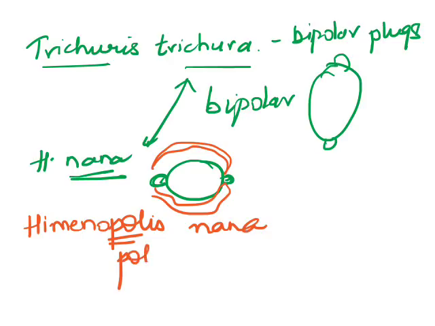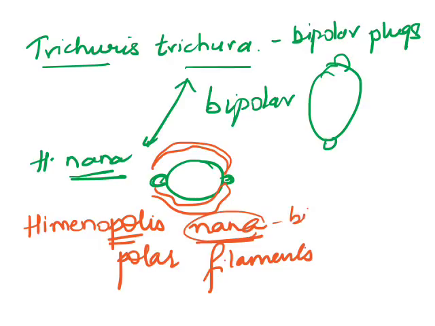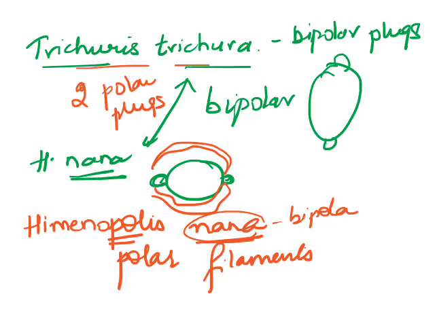Polus is polar filaments. So it has bipolar knobs with polar filaments, and nana stands for two times repeated. That is about H. nana. Trichuris trichiura, repeated term two times, has two polar plugs, the mucus plugs.